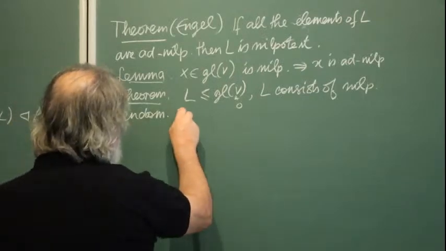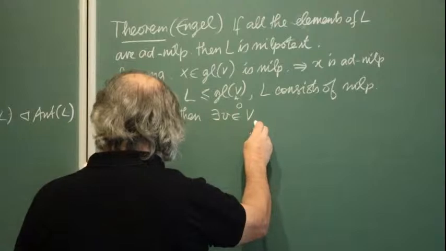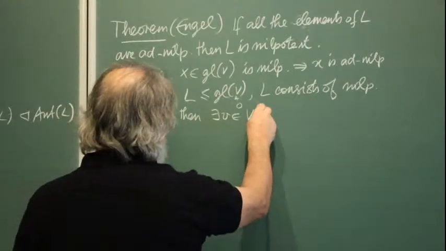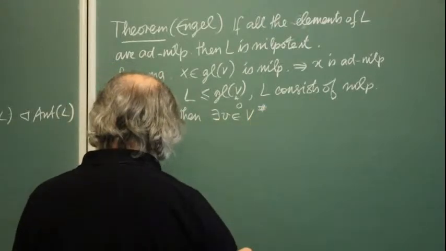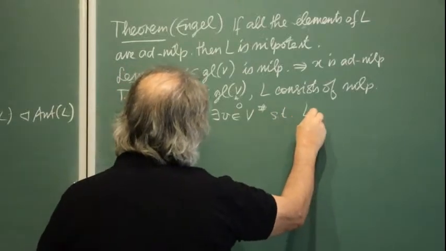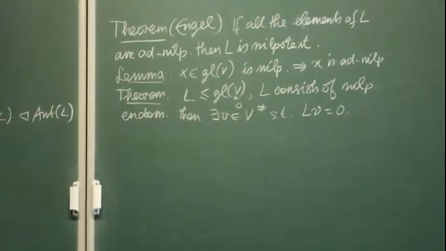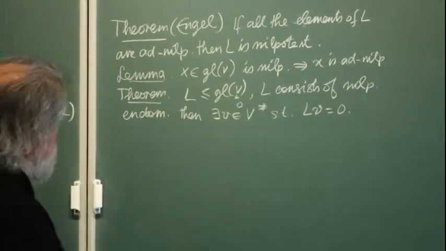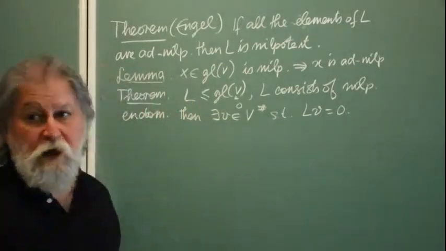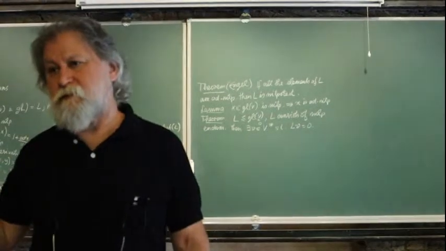Then there is a non-zero v in V such that L of v is equal to 0. So it means that elements of L have a common eigenvector v. The eigenvalue must be 0, of course. It's important.